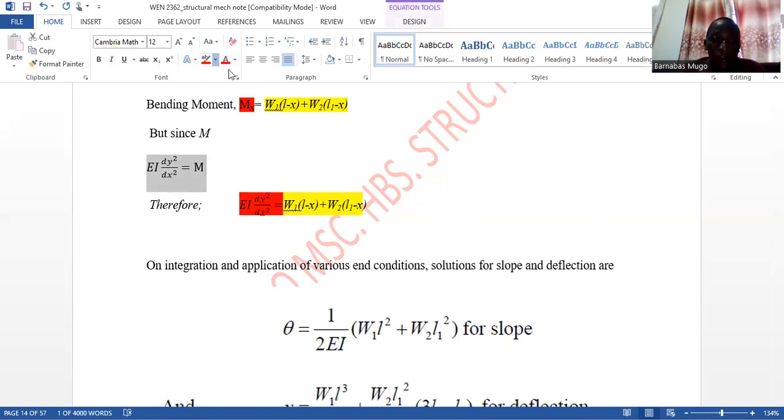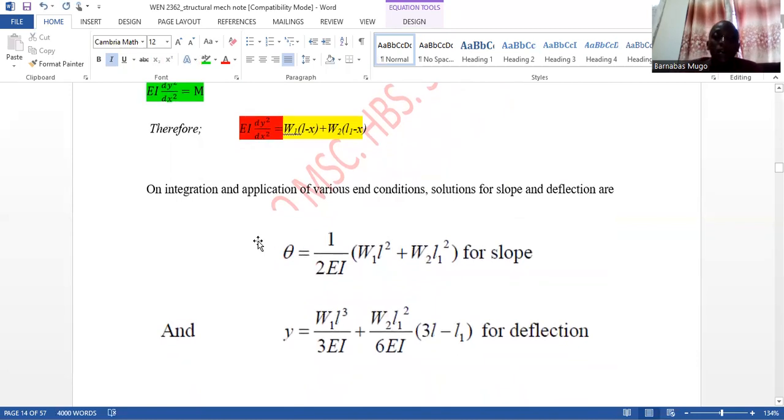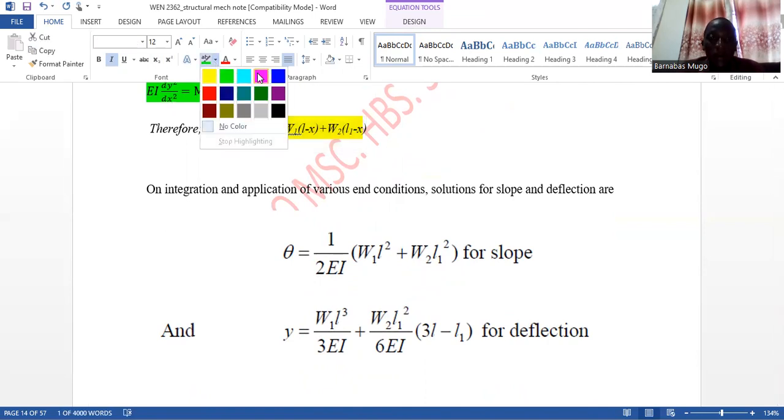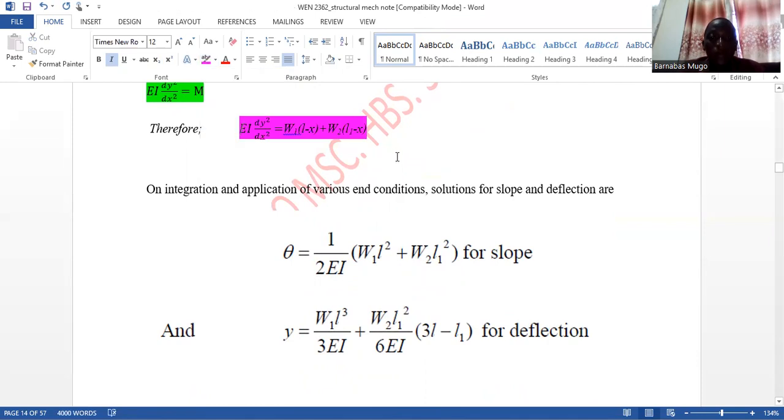We are replacing the greenish part with the reddish part. So the left hand side of that equation is going to be those parameters. Then we need to integrate this equation, and when we integrate the first time, we are going to get the slope.